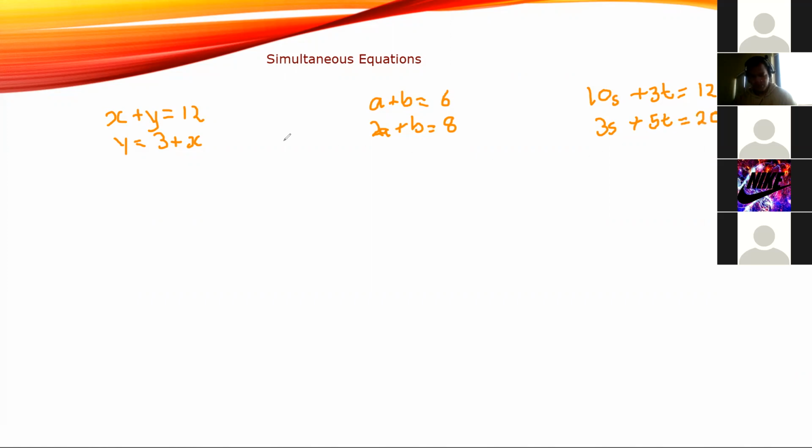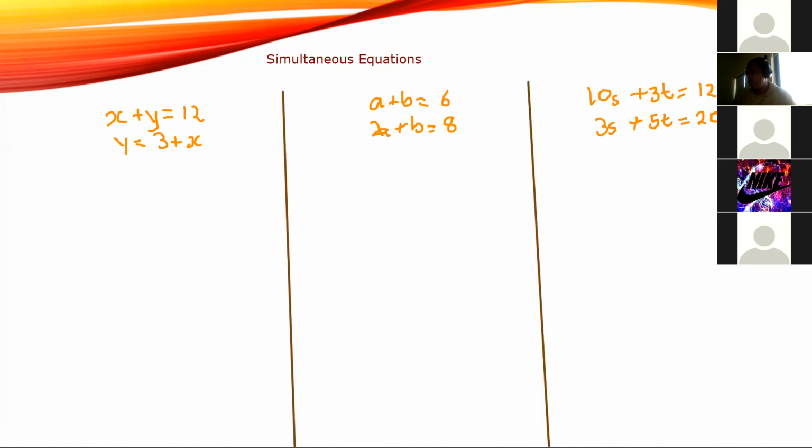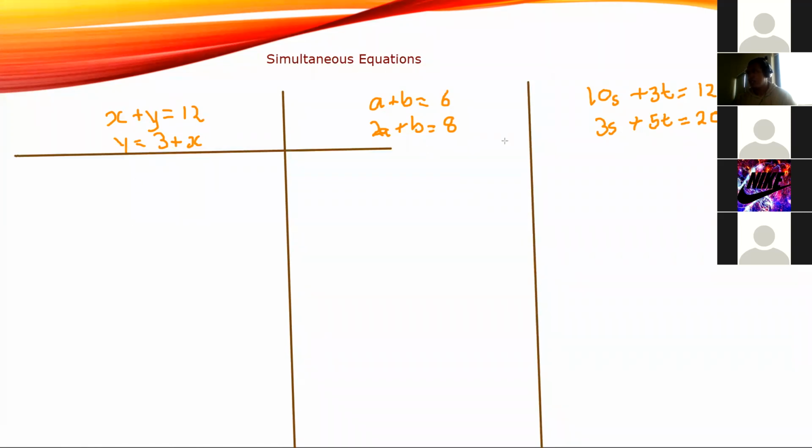All right. So basically, you can see we have 3 different sets of simultaneous equations. Let me just divide the board in such a way that we can see how we can attempt these questions.